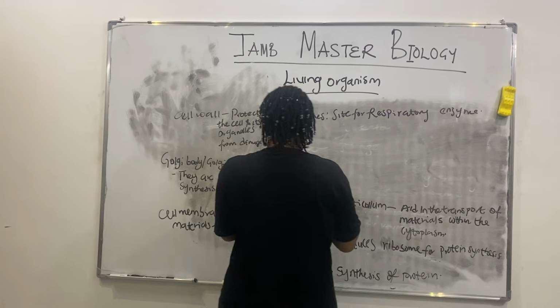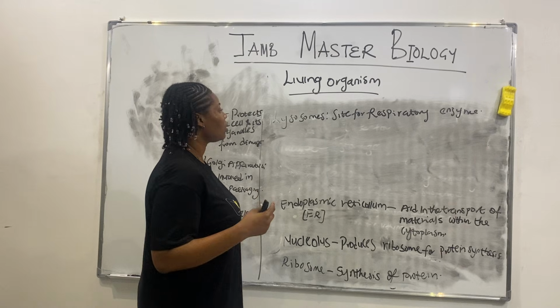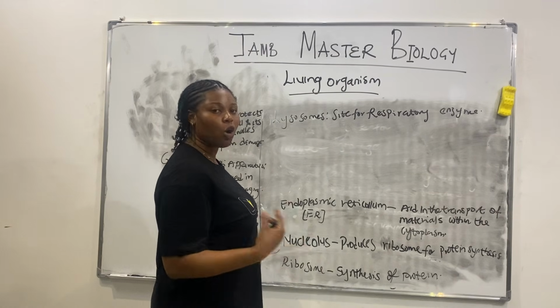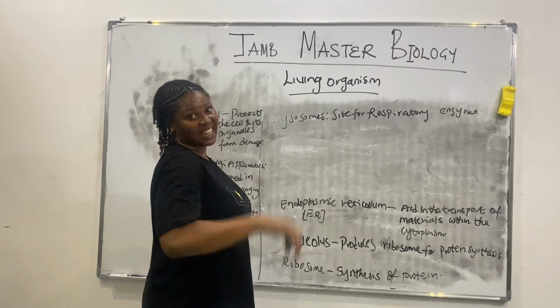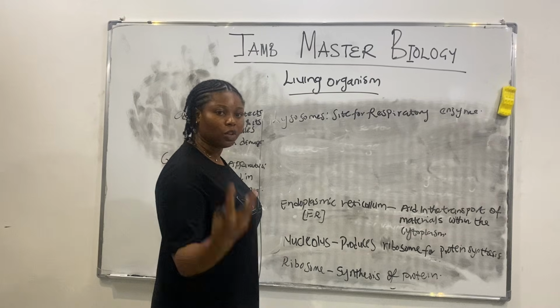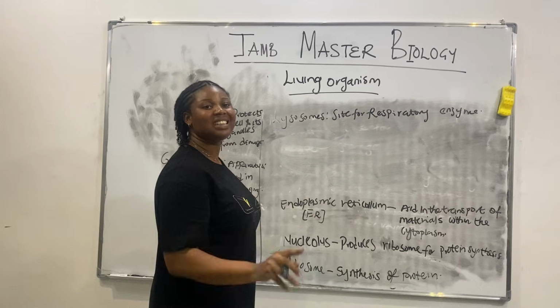Remember that I told us that the mitochondria is the powerhouse of the cell and is a site for respiration. It means that respiration occurs in the cell because of mitochondria. So what this lysosome does, let's say it assists the mitochondria. The mitochondria is responsible for the respiration. This lysosome is what releases the enzyme.